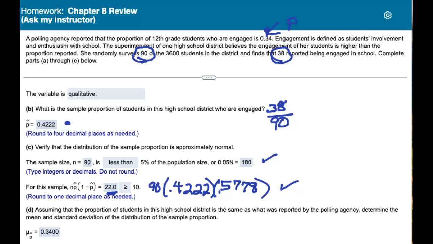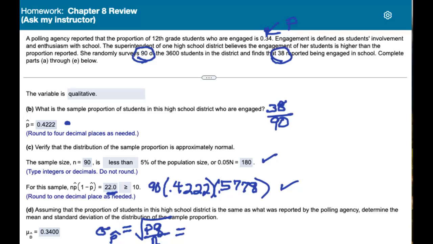Then sigma, the standard deviation of p hat, and that distribution is another little formula. It's the square root of p times q divided by n. Notice, this is not saying p hat, it's p and q.